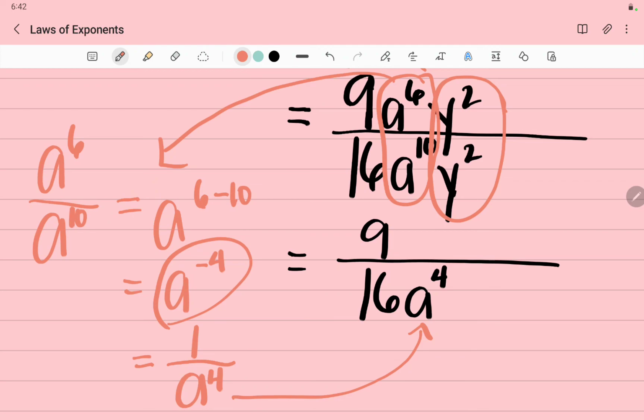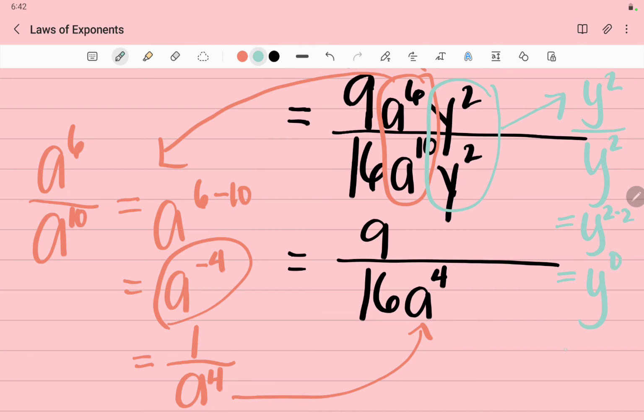That is y raised to 2 minus 2, which is y raised to 0. Any number, any letter raised to 0 is 1. Should I still put 1?